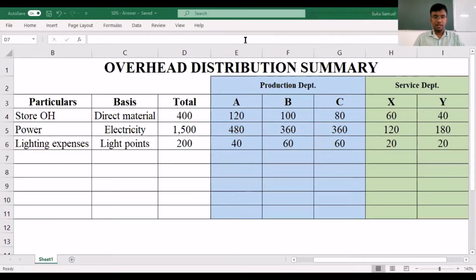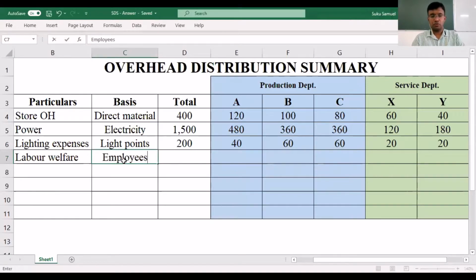Then the next overhead that we have is labor welfare. What would be the basis for us to apportion labor welfare? Labor welfare would be apportioned on the basis of the number of employees.